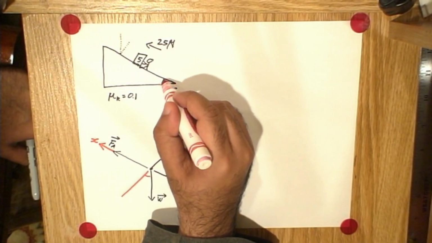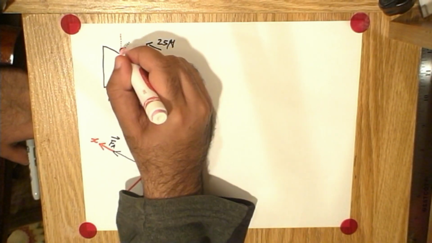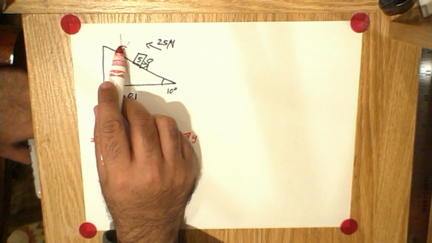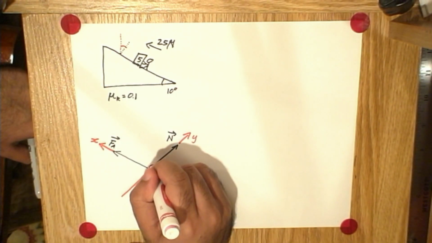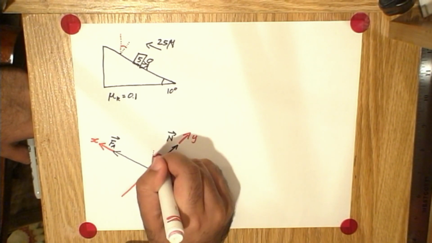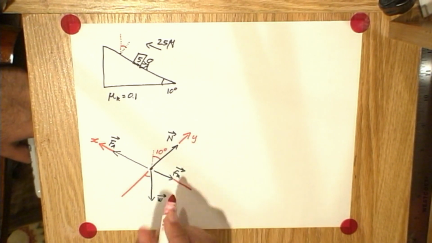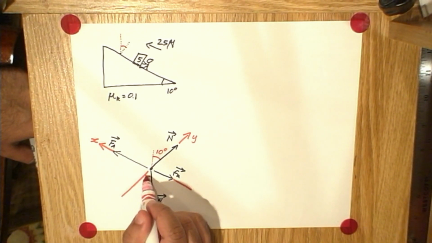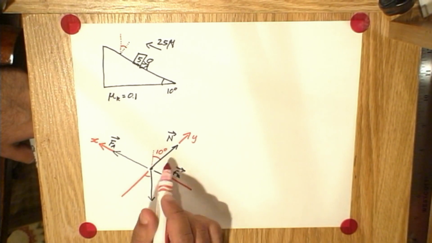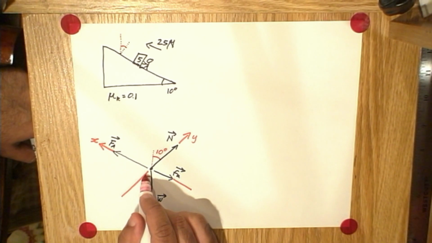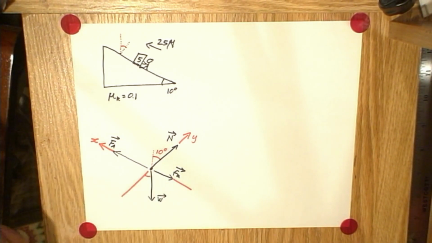But because the ramp is tilted by 10 degrees, that means that the normal force has gone 10 degrees away from the vertical. So if we were to draw a line like this, we could say that this angle is 10 degrees, and with a little bit of geometry, that means that this angle over here is also 10 degrees away from the y-axis. So the weight force is angled 10 degrees away from the y-axis.